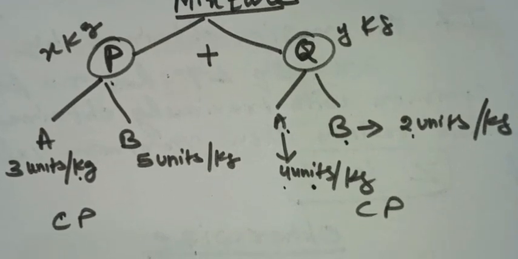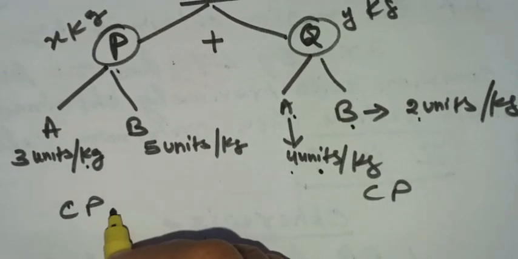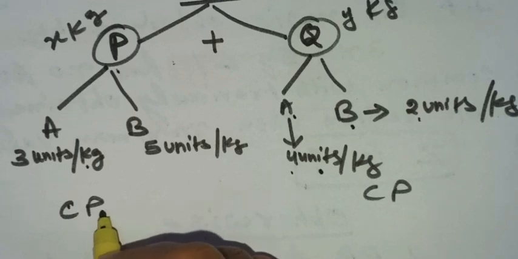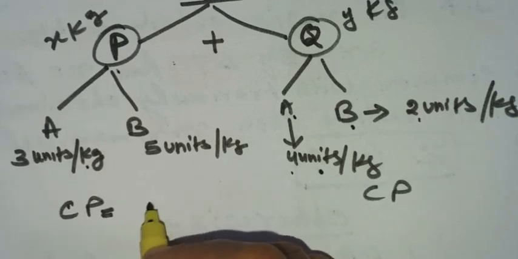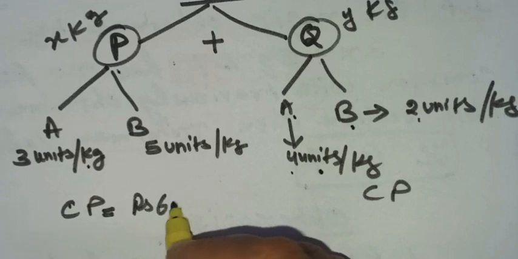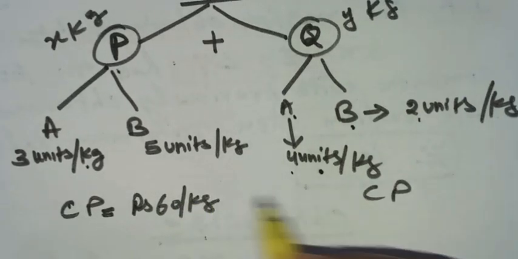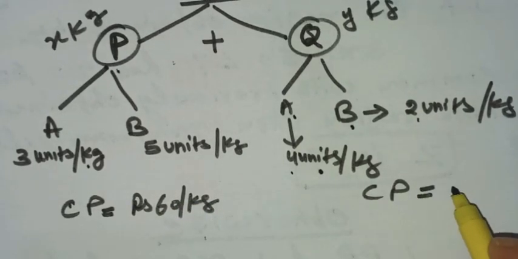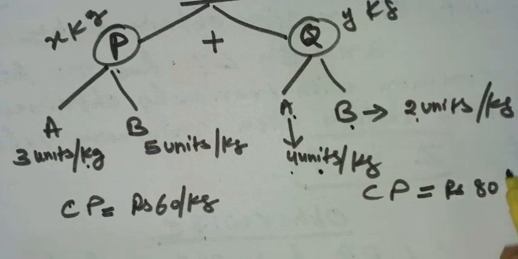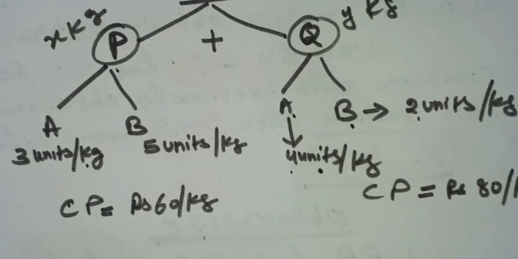And one more thing, it is also given that cost price of food P is rupees 60 per kg, and cost price of food Q is rupees 80 per kg.